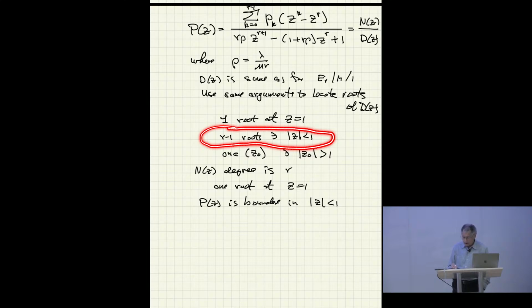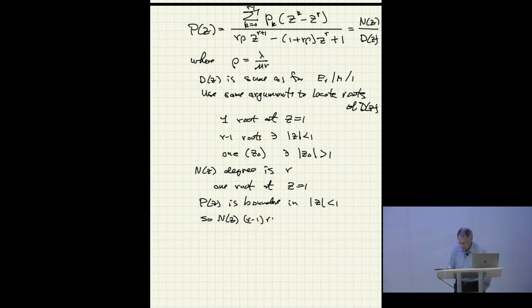And I can't let them sit there because then the denominator would go to 0. The function blows up, not allowed for z less than 1. So basically, the numerator has to match those. R minus 1 roots must match these.